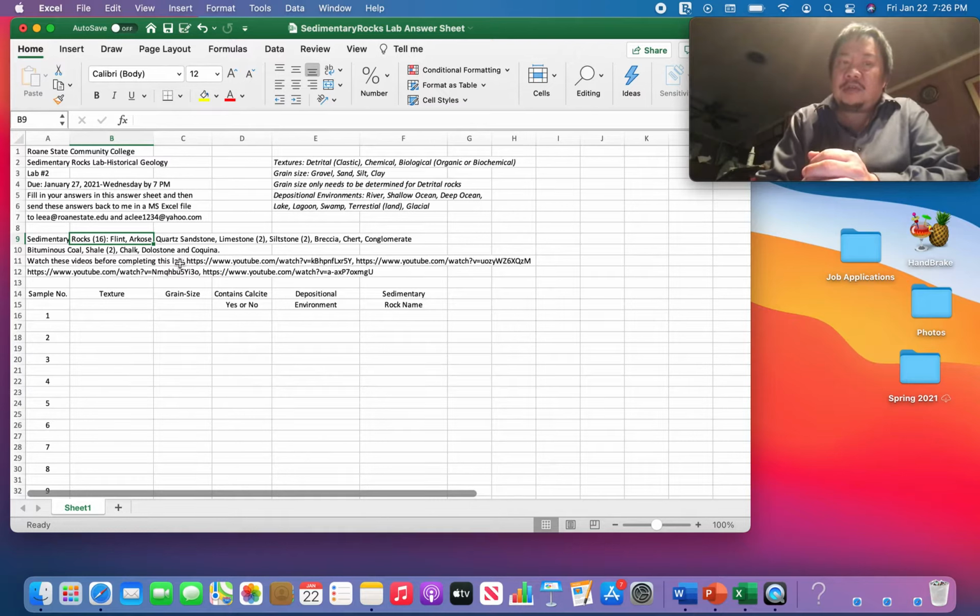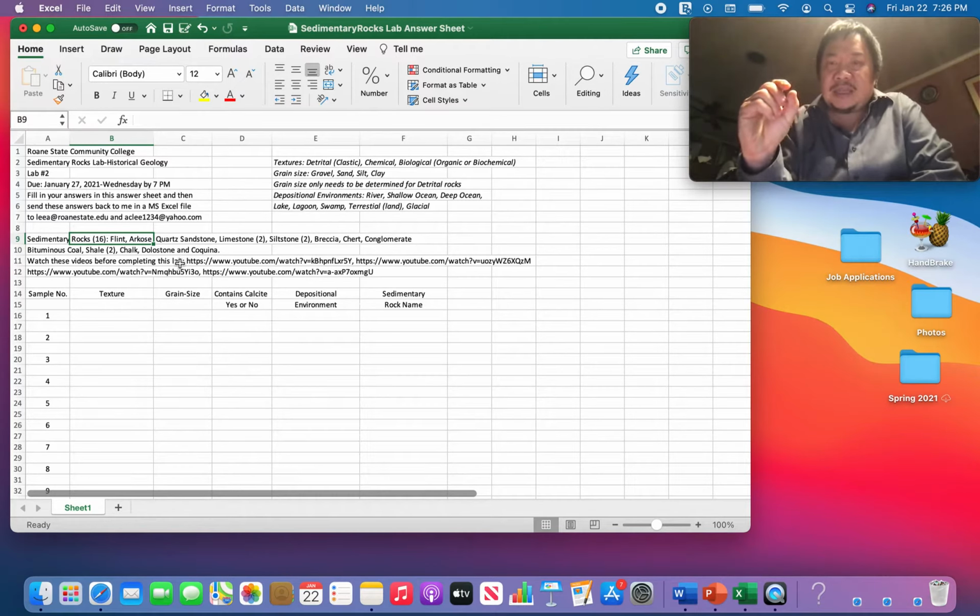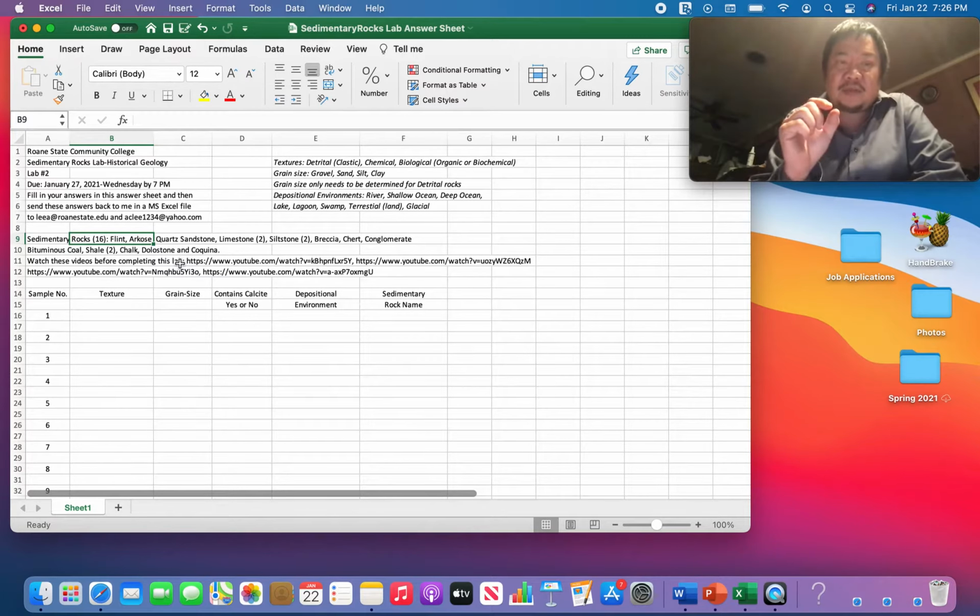Next one is Arkose, A-R-K-O-S-E. An Arkose is a coarse red sandstone. So it's reddish in color, and it's coarse. That means it's got sand, but the sand is relatively big sand in there. So big sand grains in a red sandstone.